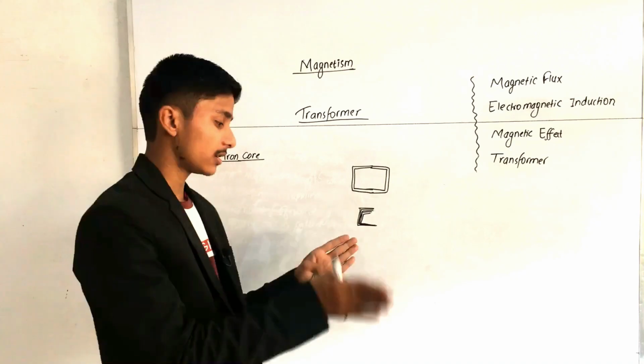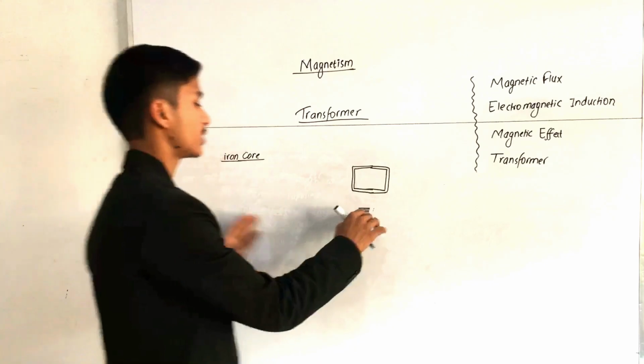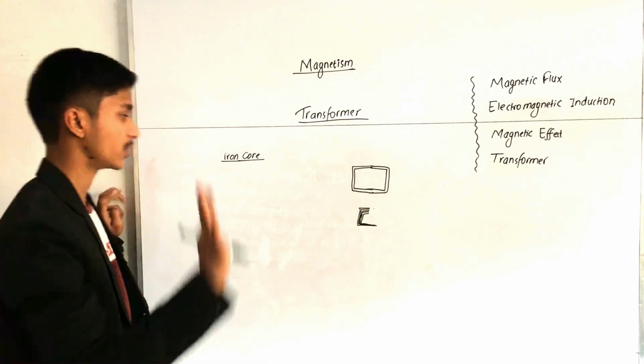These all E's are overlapped one another, and you can say U shape or E shape.